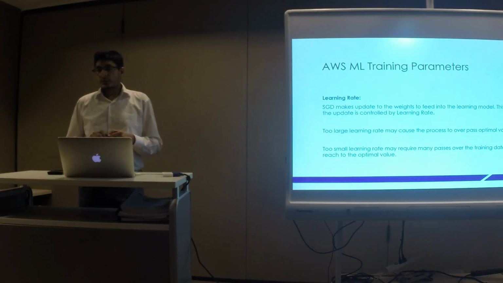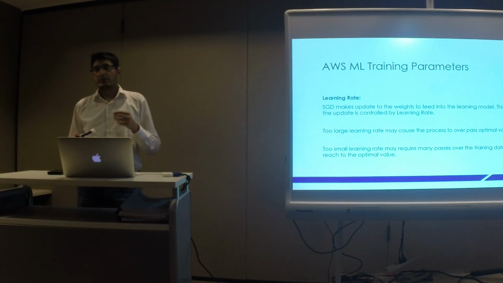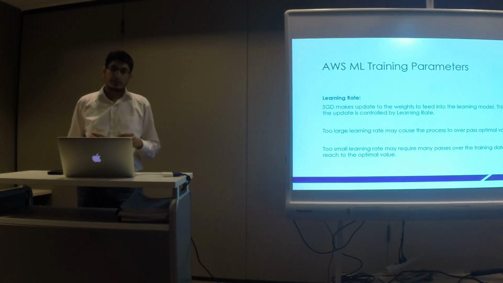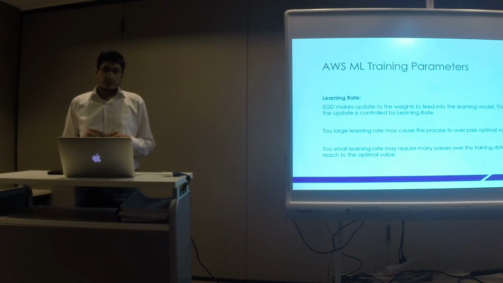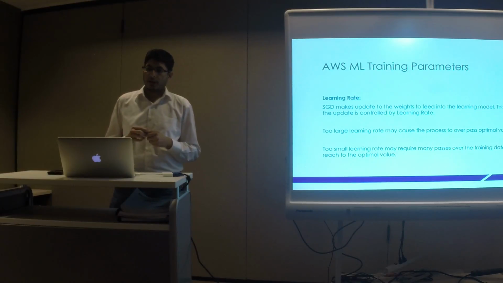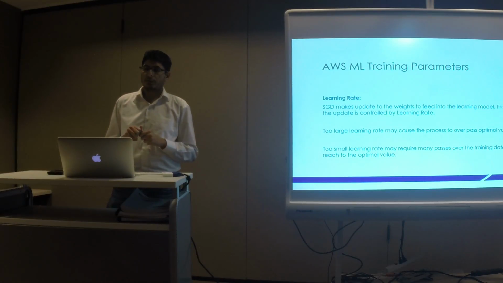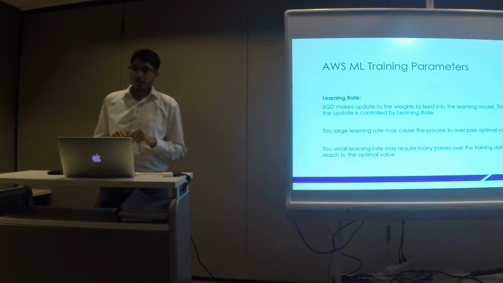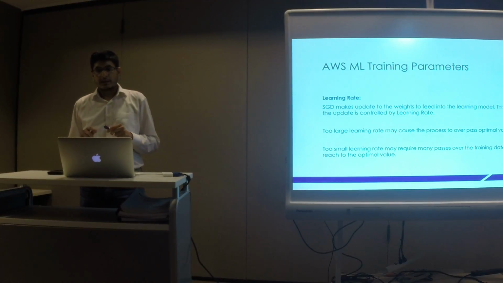So far we have seen the introduction, what kind of models it provides, and the learning algorithm, how exactly it computes. Next, it provides certain parameters that you can vary within the process to optimize your learning model. One of the parameters is the learning rate.